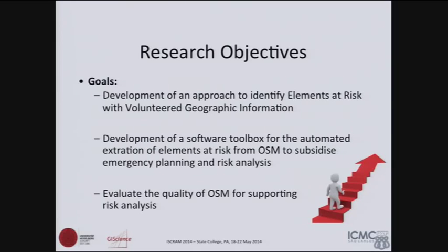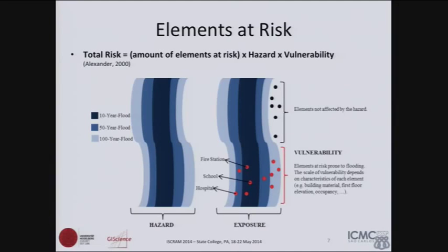And on the other hand, we would like also, as a more scientific and community contribution, to evaluate the quality of OpenStreetMap for this particular use. It's sometimes called, in the literature, a fitness for use kind of quality evaluation. So with this in mind, we approached this concept of elements at risk, taking the particular scenario of floods.